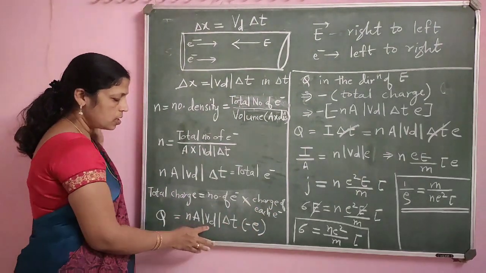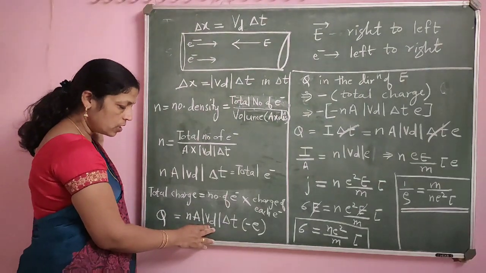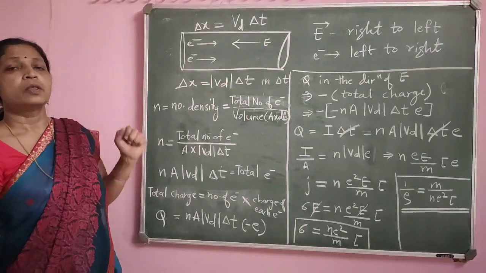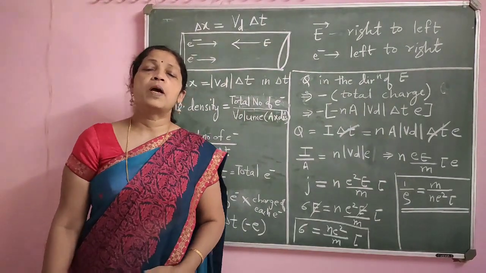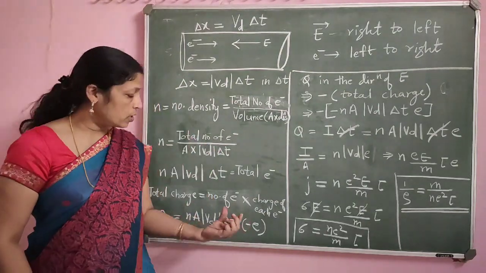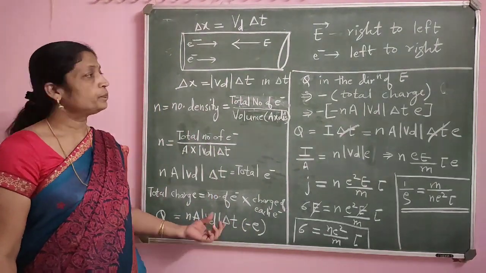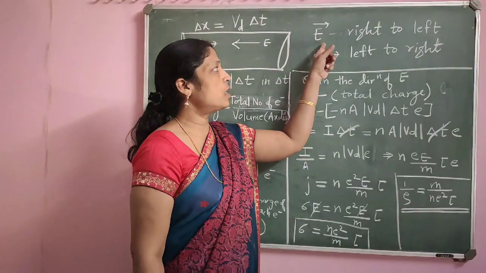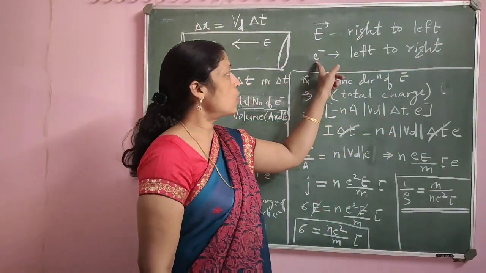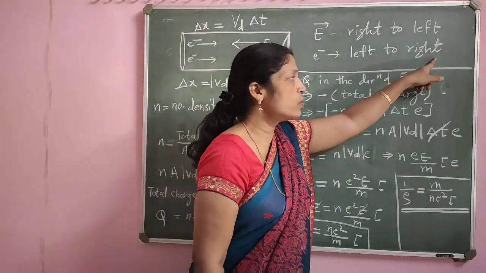Minus e. Here I have used Vd in modulus sign because, as you know, the Vd for electron is minus e upon m into tau. I have written it in modulus sign as the electric field is from right to left and electrons are moving from left to right.